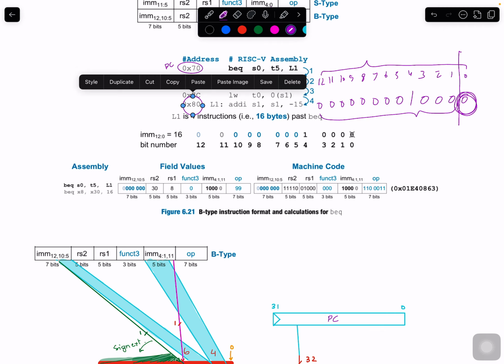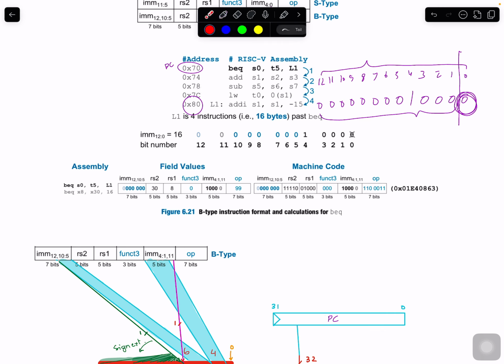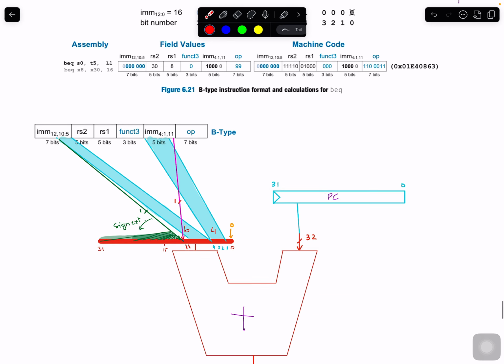Well, let's not focus on the beauty. So this one we need to jump. We're not giving 80, we are giving 16. So add this plus 16. You understand that? That's the instruction. So here we need to give the number 16.